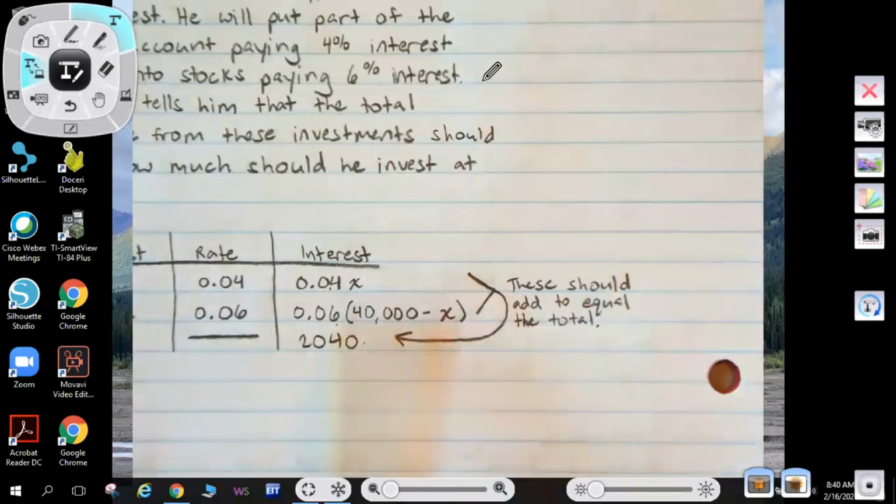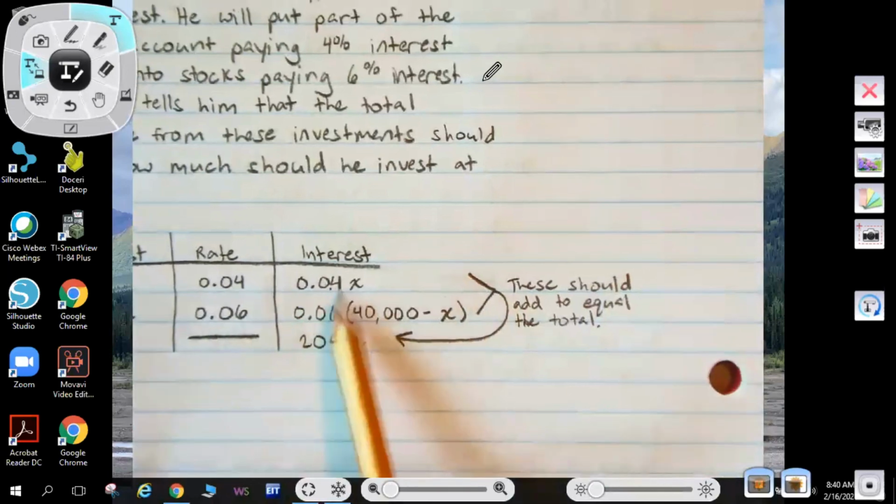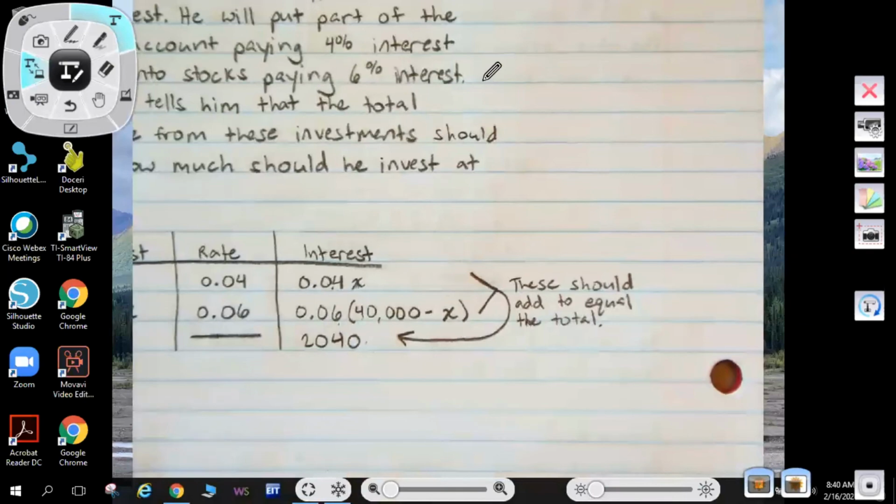So adding these two lines of interest should equal the total amount of interest that his accountant said he should get. So that equation is what's going to allow us to solve this. So we're going to add these two and make it equal 2040.